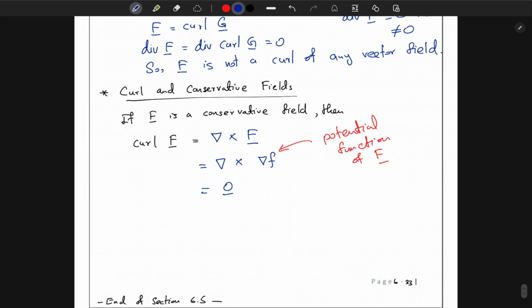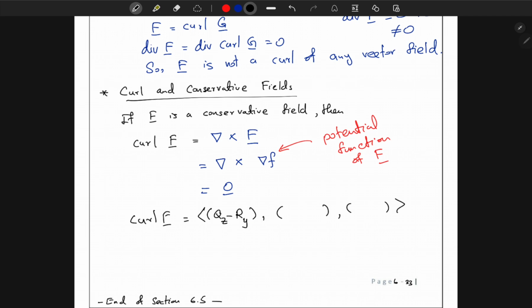Now, this can be seen because curl of f, if you remember, has 3 components, and each component was the difference of 2 partial derivatives. For example, the first component was q sub z minus r sub y.